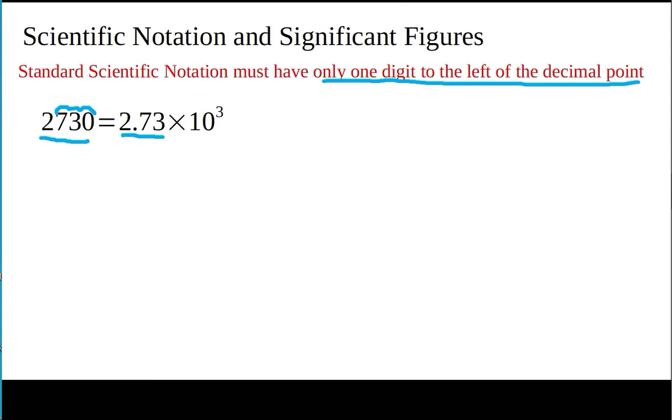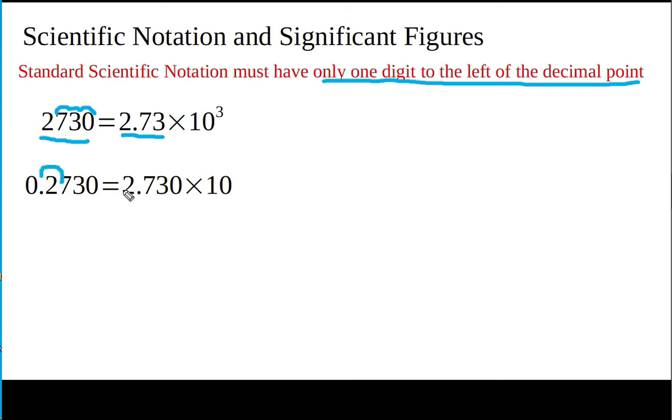Now let's look at another example. If we have this and we want to write it in scientific notation, since the definition says there's only one digit to the left of the decimal point, what we have to do is move the decimal point. So we move this here, only one digit.